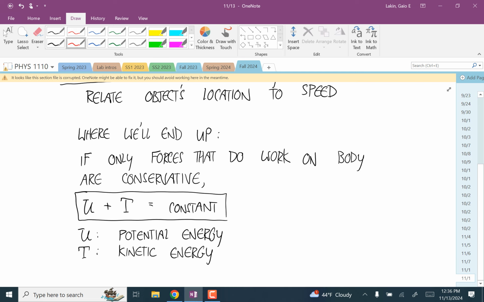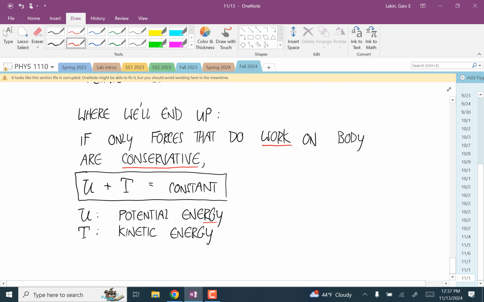Here are the things that we haven't talked about yet that we need to define before we can use this. The idea of work. Okay, we need to understand what work is. We need to understand what conservative and non-conservative forces are. And we need to understand what kinetic and potential energy are.